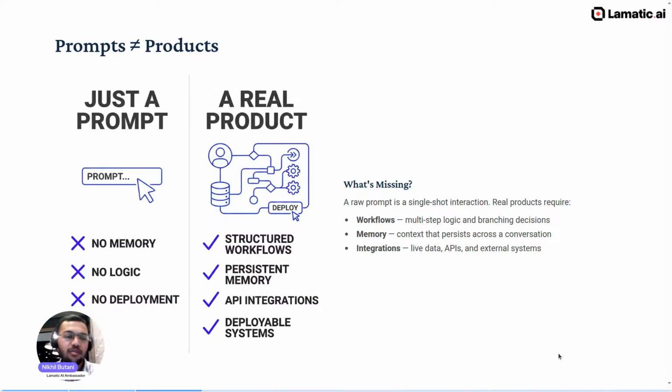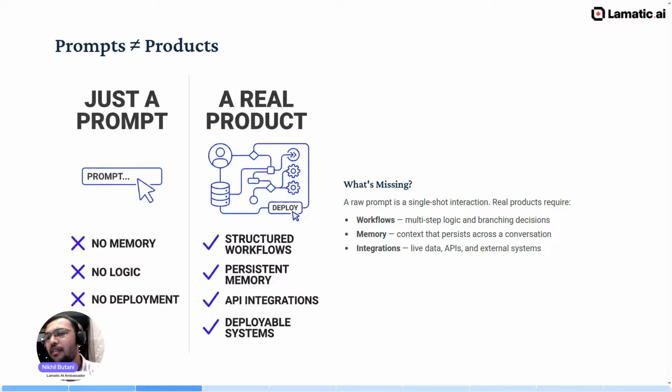But the thing is, what's the difference between a prompt and a product? Basically there is no memory, no logic, and no deployment. You can just write the prompt only. Based on requirements we can explain the logic via a prompt. But what does a real product do?